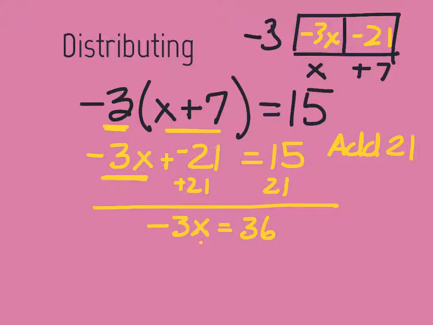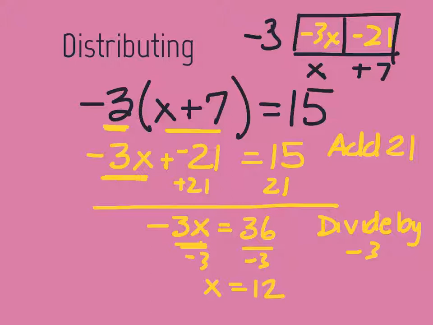But if you can't, you have a multiplication. And sometimes they're decimals, and you would know the answer if you were guessing and checking forever. If you know that it's a multiplication problem, you're just going to divide by that number, in this case by negative 3, and you get x equals 3 goes into 36, 1, 2, and a positive divided by a negative is a negative, so x equals negative 12.